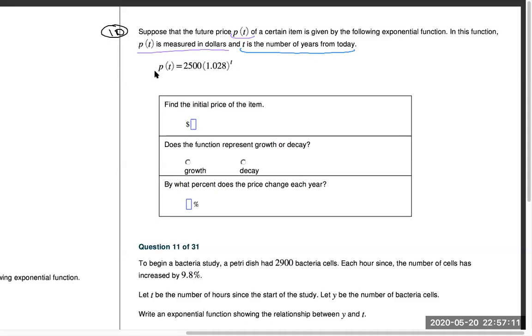So we have our P of T, and that's going to equal your initial value times your 1 plus R, which in this case is 1.028. And then you're going to have your input time T.